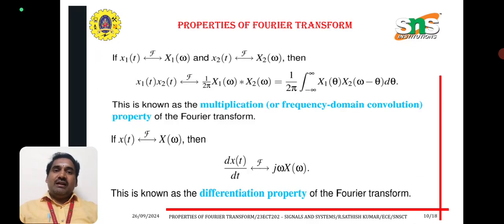Next one, the multiplication property. x1 of t Fourier transform pair with X1 of omega, x2 of t Fourier transform pair with X2 of omega, then x1 of t multiplied with x2 of t Fourier transform pair with 1 divided by 2 pi times X1 of omega convolved with X2 of omega. Next one, differentiation property. If x of t Fourier transform pair with X of omega, then d x of t divided by dt Fourier transform pair with j omega into X of omega.